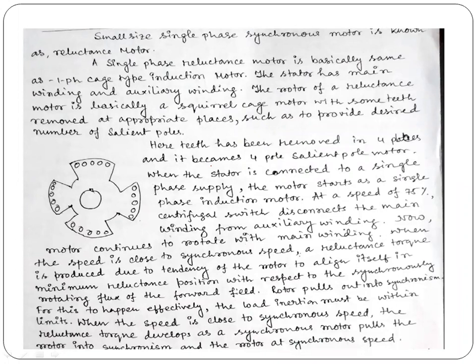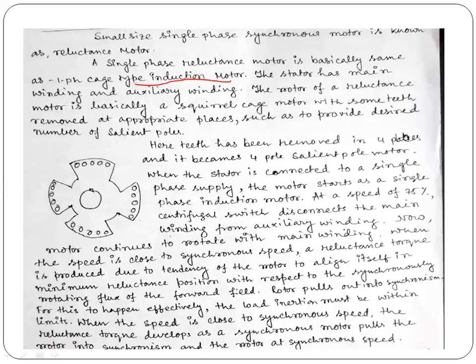A small size single phase synchronous machine is known as a reluctance motor. A single phase reluctance motor is basically the same as a single phase cage type induction motor. The stator has a main winding and an auxiliary winding. The rotor of a reluctance motor is basically a squirrel cage rotor with some teeth removed at appropriate places, such as to provide the desired number of salient poles.